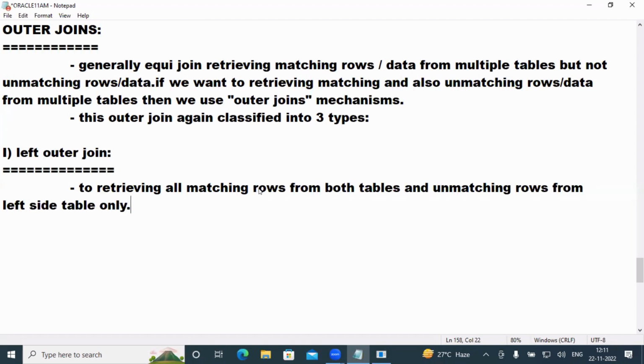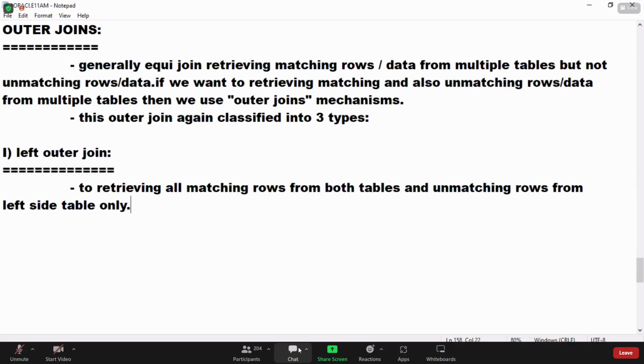So matching rows are taken from both tables, and unmatching rows are taken from only the left side table. That means the right side unmatching rows are not retrieved. This is what we call a left outer join. Understand now?